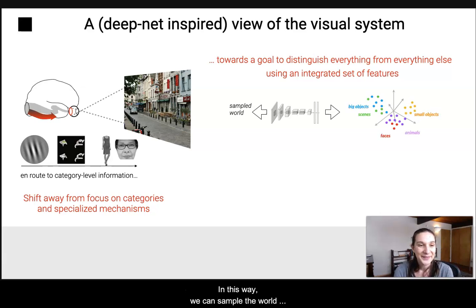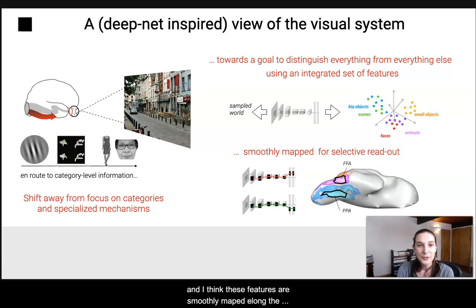In this way, we can sample the world directly to help situate this space. And I think these features are smoothly mapped along the cortex, and that really enables selective readout from higher order areas, making different facets of this space accessible from their high responses.